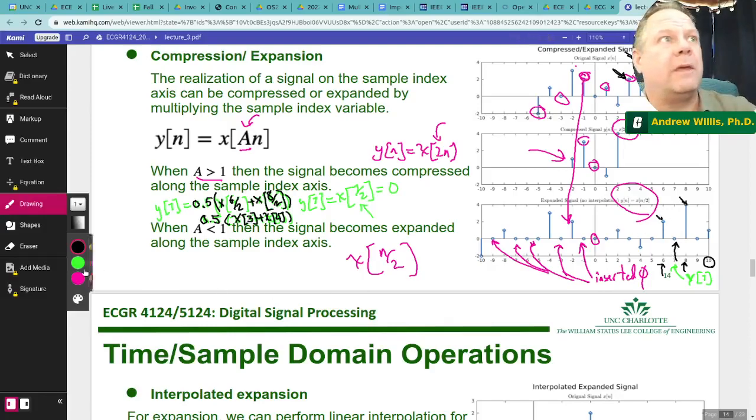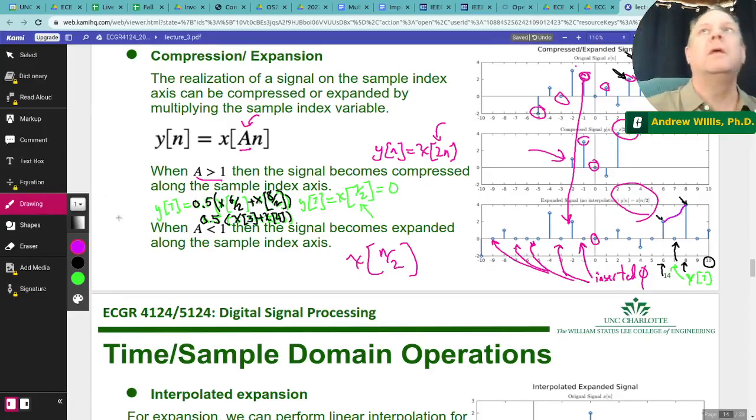And just to be complete here, it's called linear interpolation because we're connecting those two points with a line.